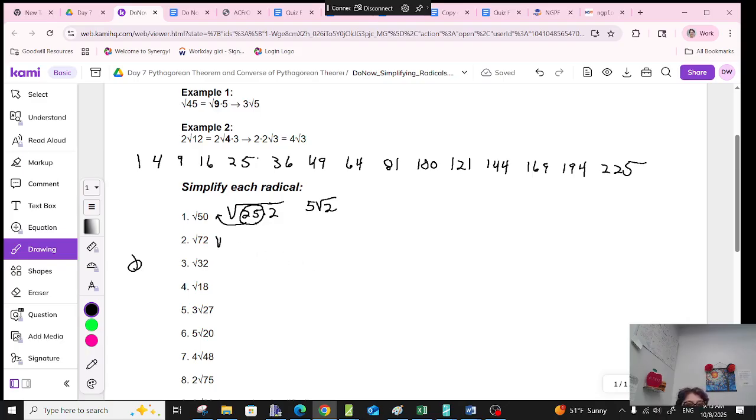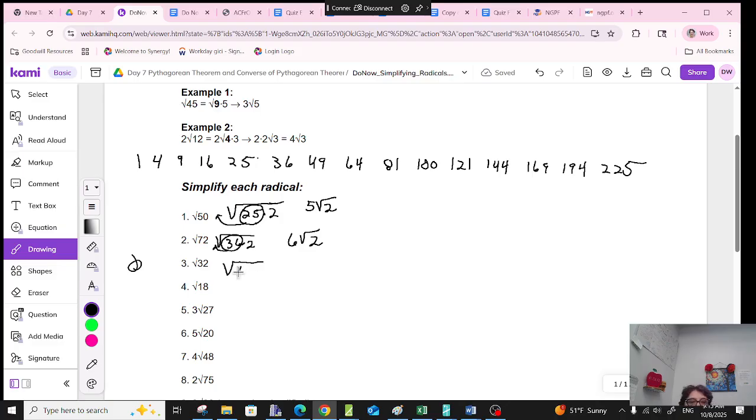What about 72? What's the largest perfect square that can go into 72? Yep, it's 36 times 2. The perfect square that can come out is 6. That 2 stays behind. What about 32? What's the largest perfect square that goes into 32? 16.